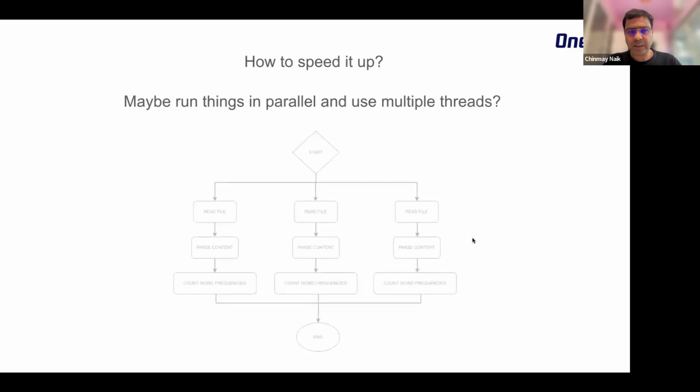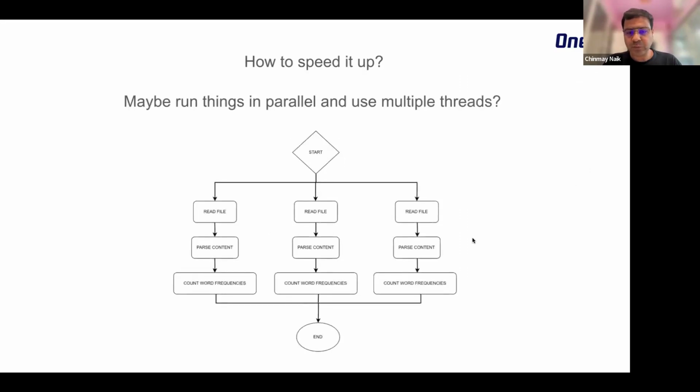Typically, you would want to do something like this, where you spin up threads and read multiple files in parallel. If there's a single file at the input, you would want to break it into multiple sub files and whatnot.